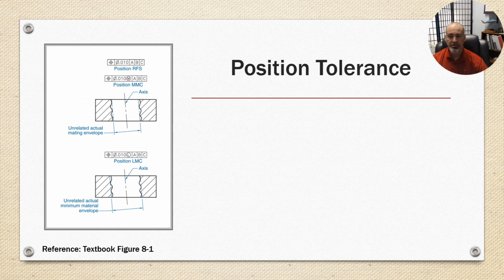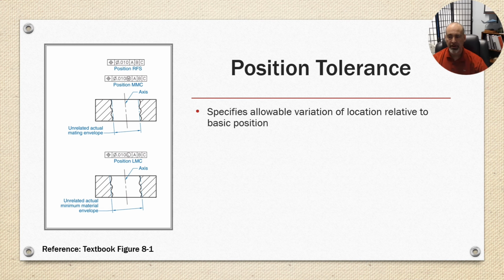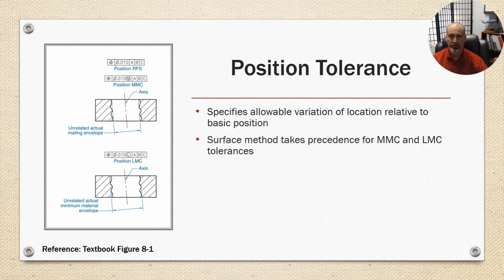Okay, position tolerance. It specifies an allowable variation of location relative to a basic position. The surface method takes precedence for MMC and LMC tolerances.